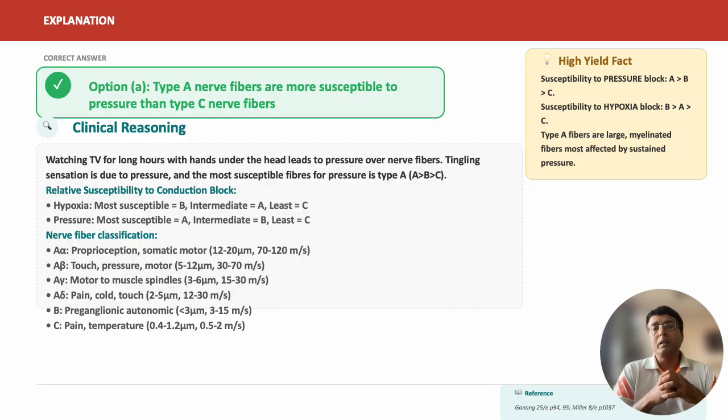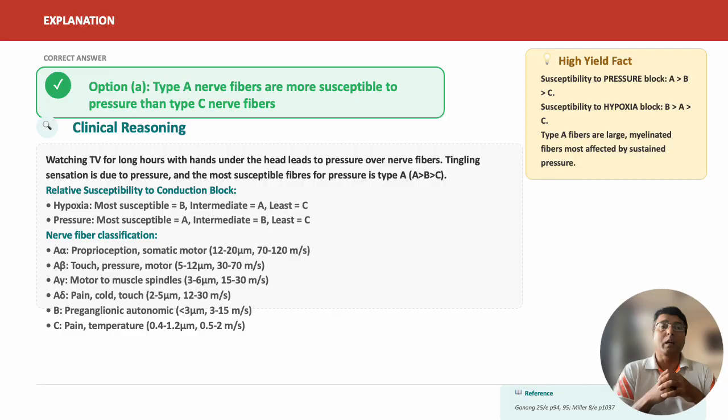As per susceptibility to pressure, fiber A is the most susceptible and fiber C is the least susceptible. And in view of susceptibility to local anesthetic, type C fibers are most susceptible, whereas type A fibers are the least susceptible.